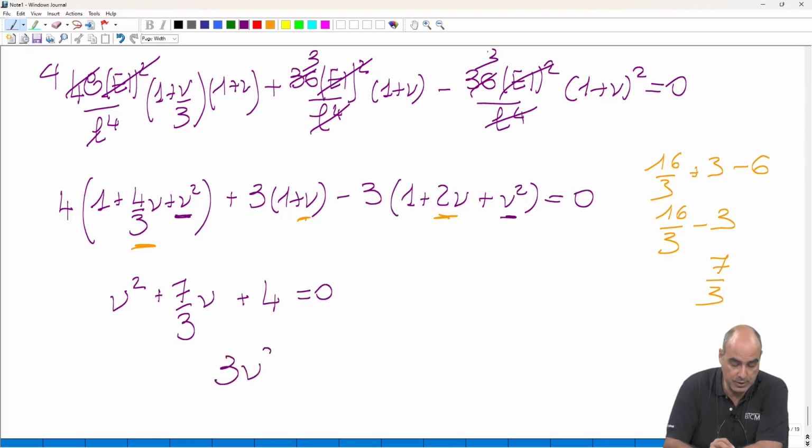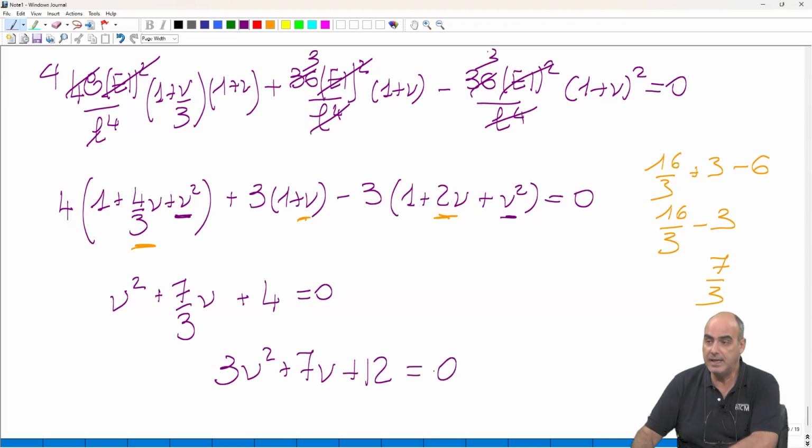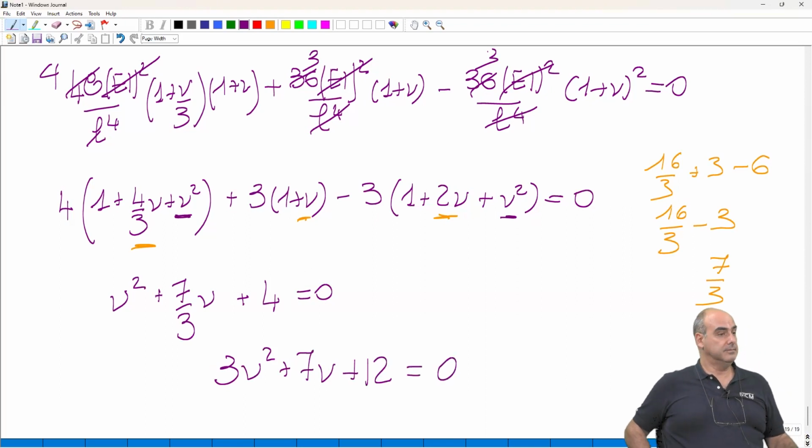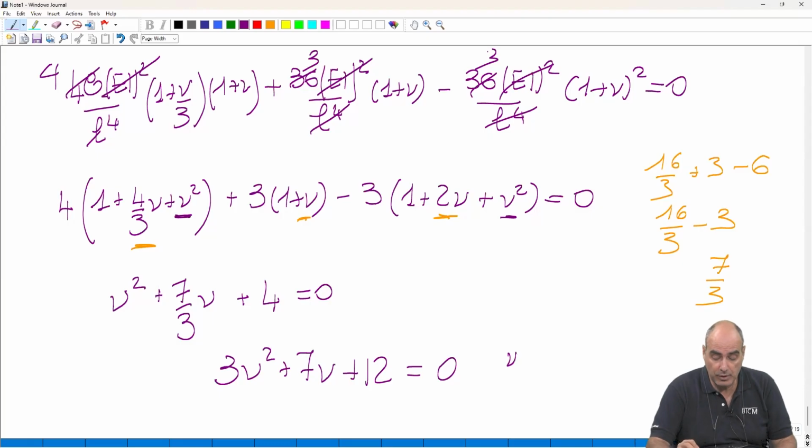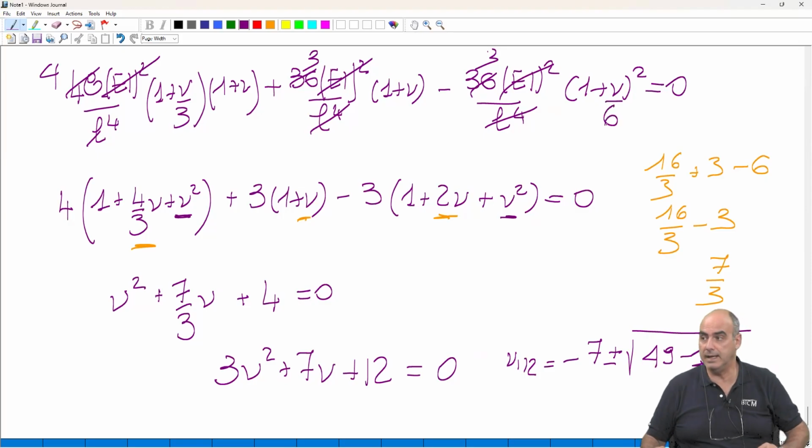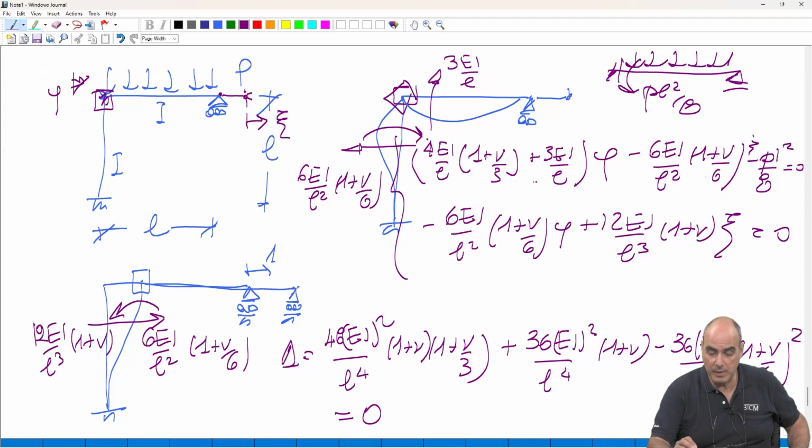So your equation, if I have done nothing wrong, is this. What is the solution of this equation? Minus 7 plus or minus the square root of 49 minus... this was like this. This was 1 plus n over 6, not 1 plus n.